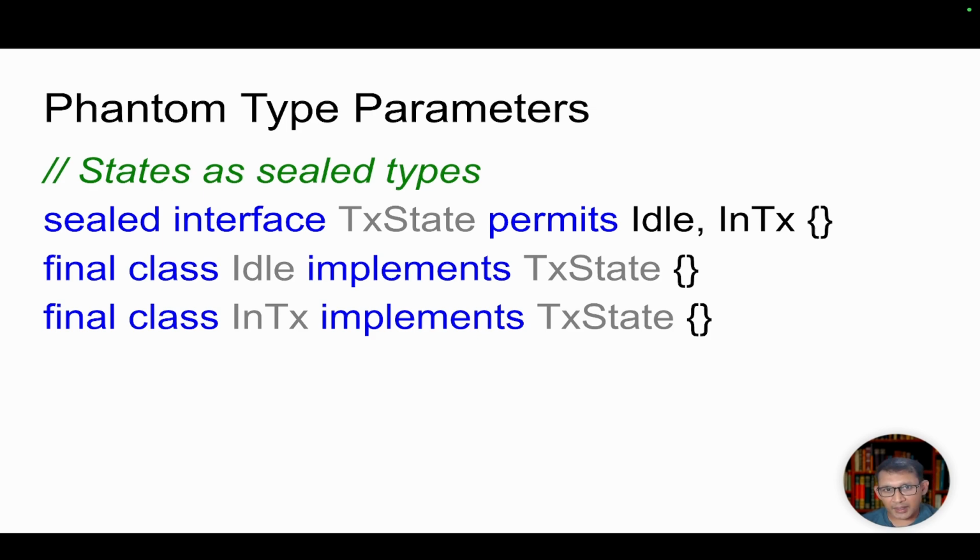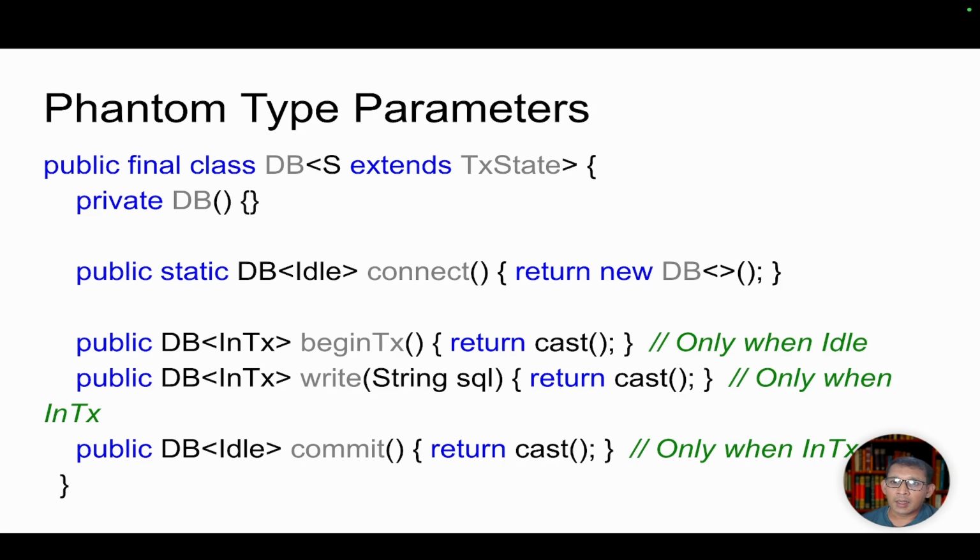The sealed interface pattern ensures that these are the only two possible states, giving us exhaustive checking. The DB class is now parameterized by state. This means that every instance of DB has a type parameter that tracks which state it's currently in.